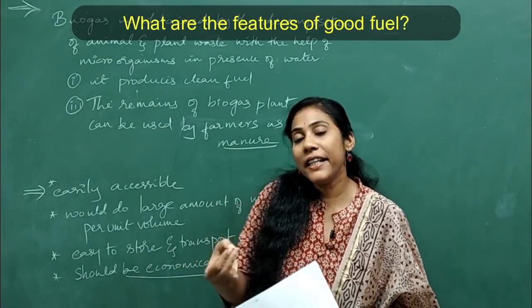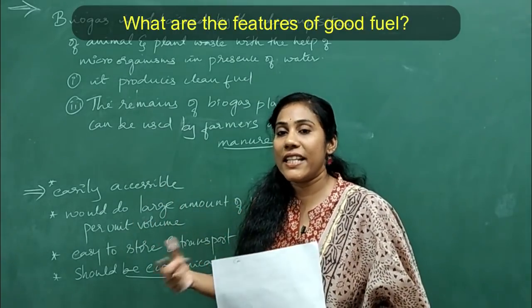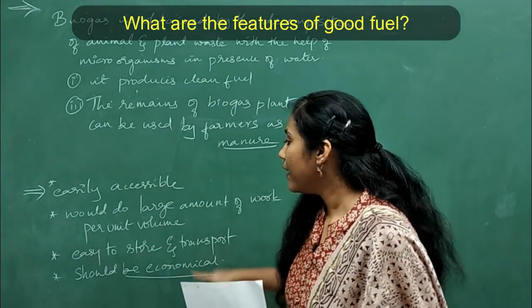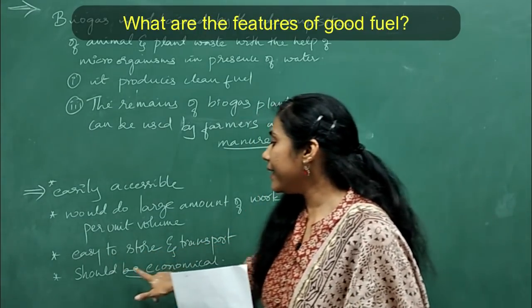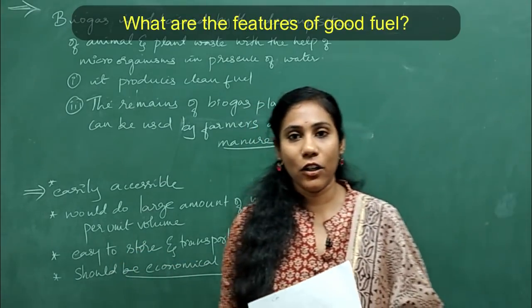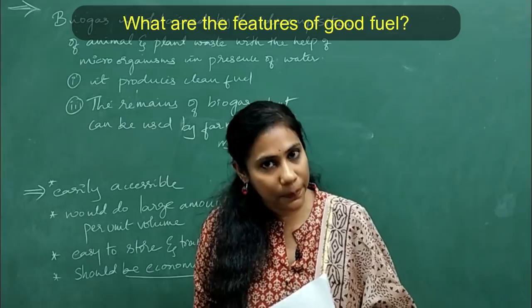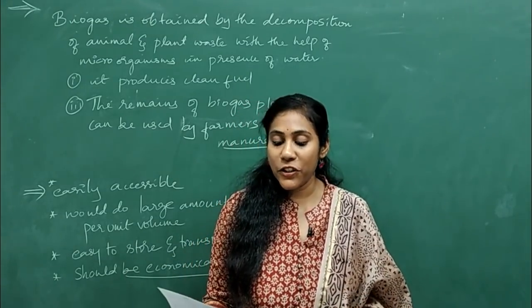That means a little fuel must be able to do a large amount of work. Then we can say it's a good fuel, right? Third one, it must be easy to store and transport. And last but very important, it should be economical also. That means it should be cheap to use, right? So these are the 4 points you can mention.